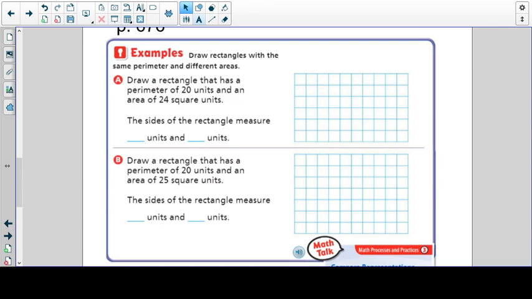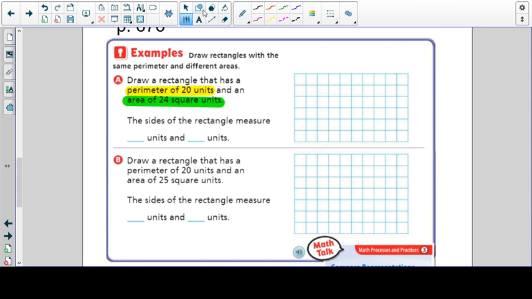For this one, we need to come up with 20 units, so that's pretty important. A perimeter of 20 units and an area of 24 units.